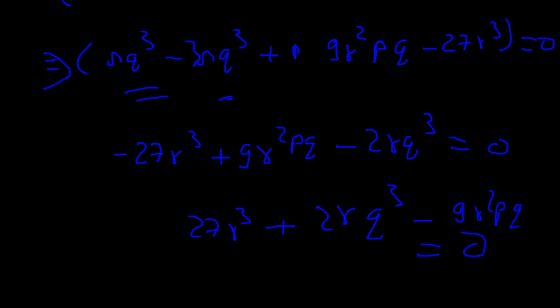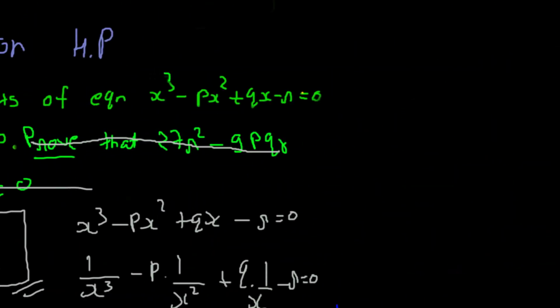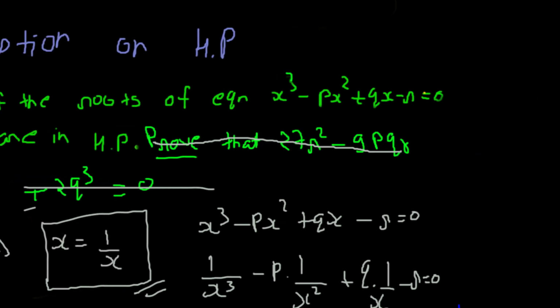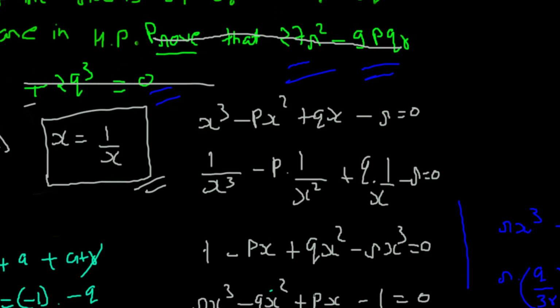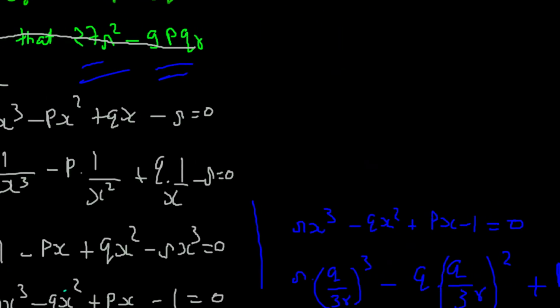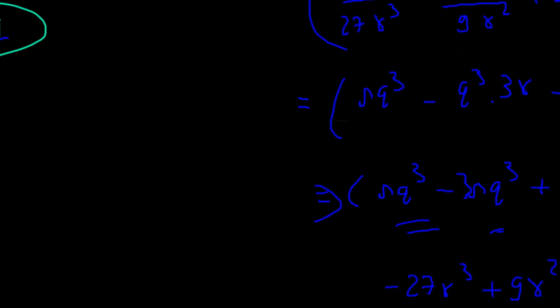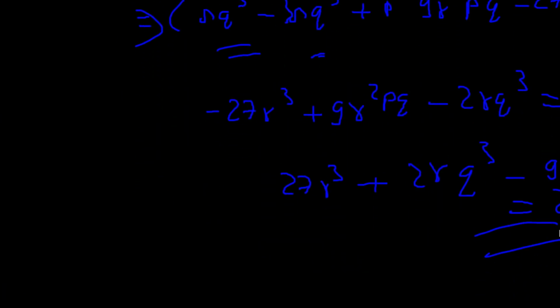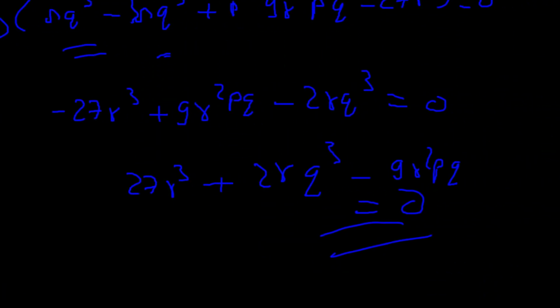Okay, now let's see if we have done this the right way or not. We have put this on the right hand side. Yes, the right hand side is also the same. So basically in this prove-that question, let's continue. Let's see that I've done this right: 27 r to the power 3 plus 2 r q cubed minus that. Yeah, it's the right thing.